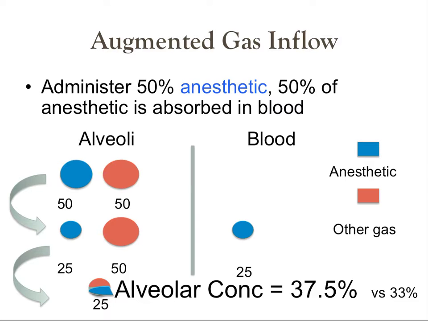Thus, 5 times the FI leads to 6.8 times greater FA compared to 6.2 times without augmented gas inflow. Of course, this cycle of absorbed gas being replaced by fresh gas inflow is continuous and has a finite rate. So our example is a simplification.